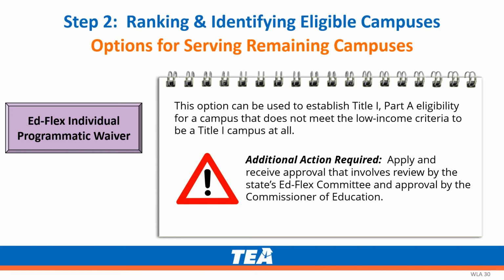There is additional action required by the LEA for selecting this option. The LEA would need to apply for and receive an EdFlex individual programmatic waiver in order to qualify as a Title I campus. This is a separate waiver process that involves review by the state's EdFlex committee and approval by the Commissioner of Education at the Texas Education Agency.